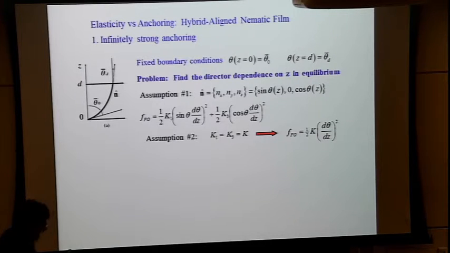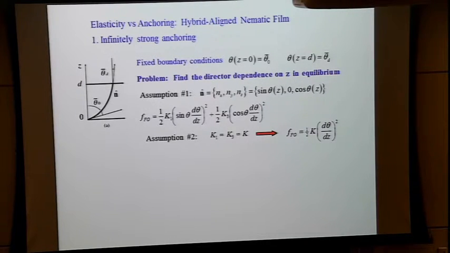So what do I do? I first make an assumption. I assume that my problem is restricted to this plane, that the director changes only along the z-axis, the normal to the film. And I parameterize my director as a three-component vector of amplitude equal to 1.